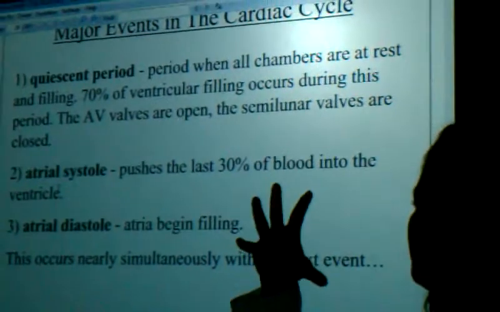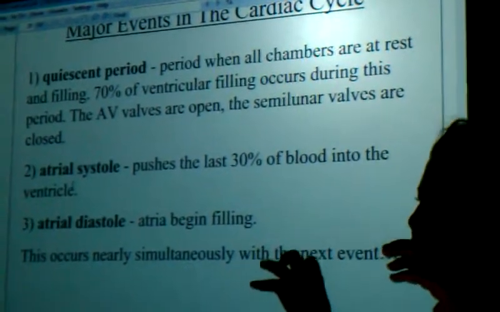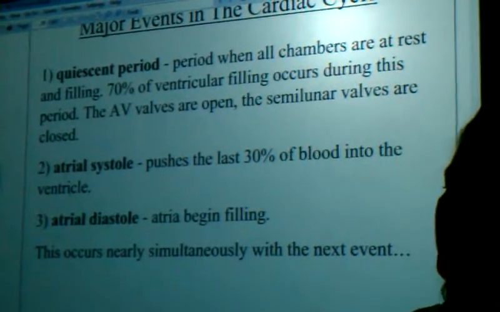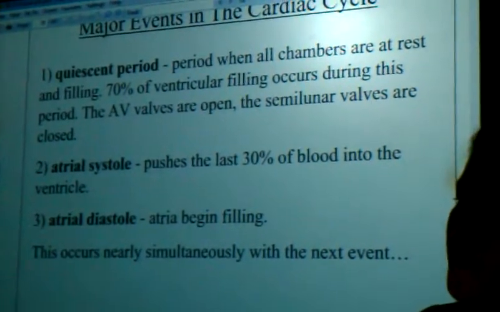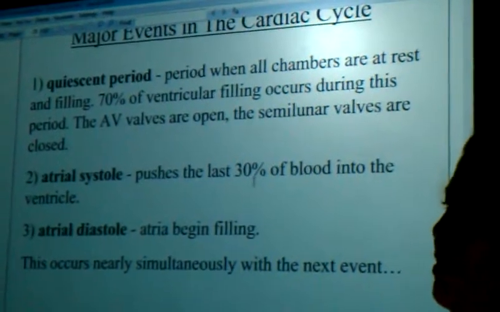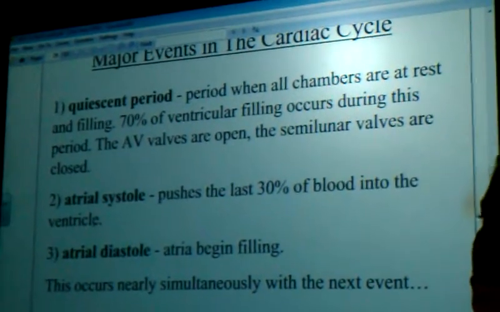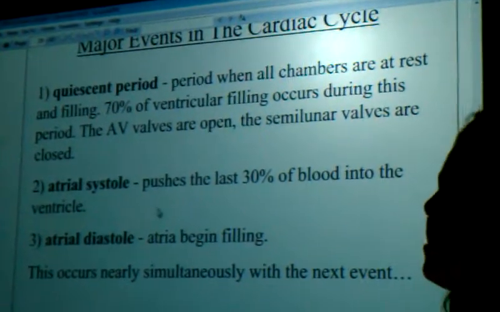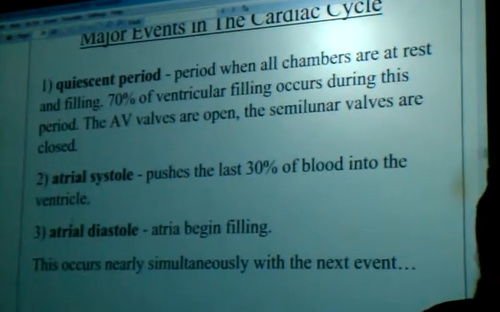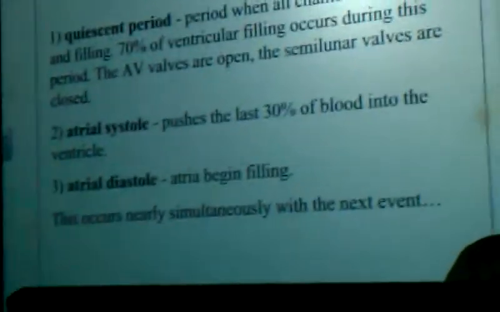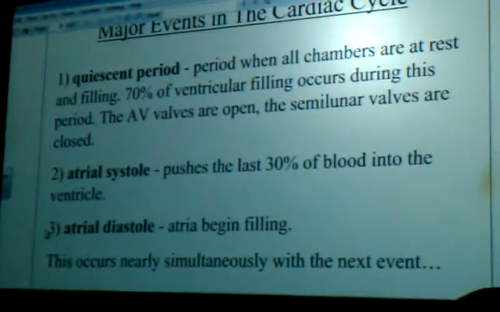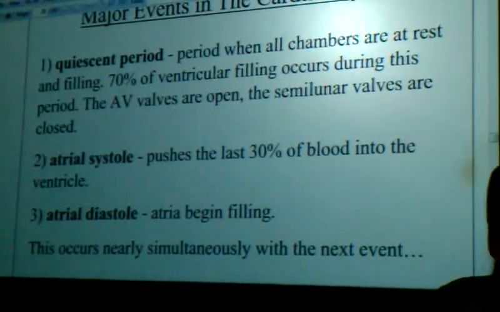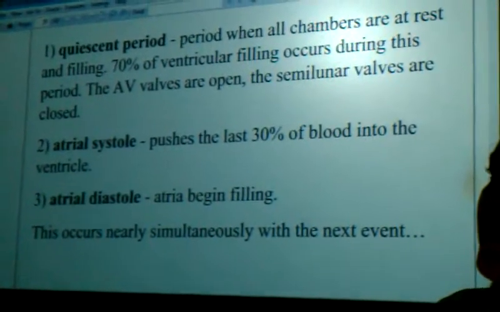And what that does is it forces whatever blood might be in the atria at that time into the ventricles, okay? When the atria contract during atrial systole, the last 30% of blood will be forced into the ventricle. Now the ventricle is pretty much 100% filled to its capacity, okay? And at that point, the atria start to relax, and event number 3 and event number 4 occur at exactly the same time.